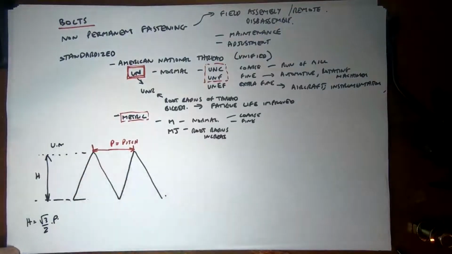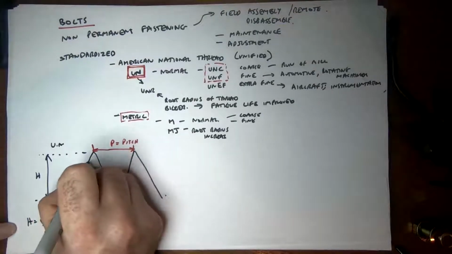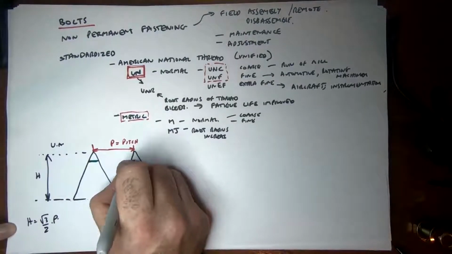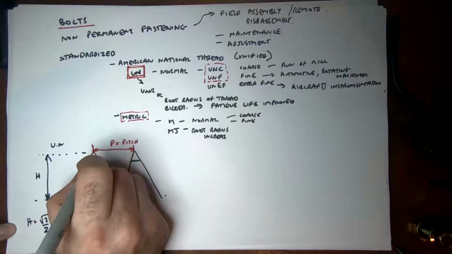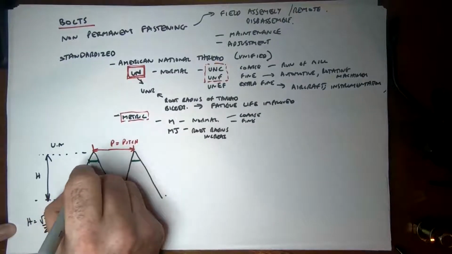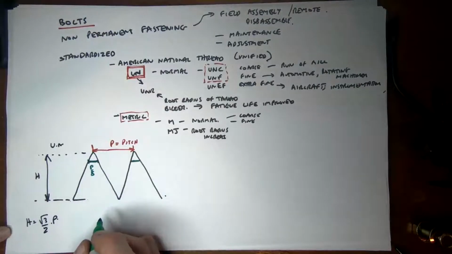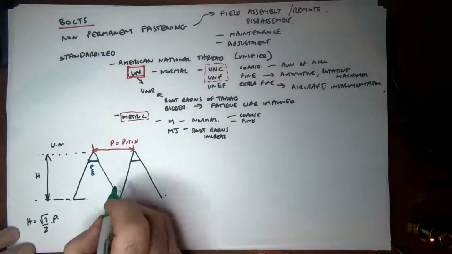So we start with the 60 degrees, and then to actually create the thread, they effectively lop the top off, because that will just break off. So that distance that we lop off there is about 1/8 of the pitch. And then we go down to the bottom and we effectively lop off 2/8 down here.